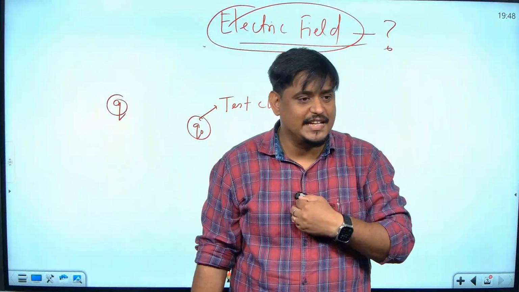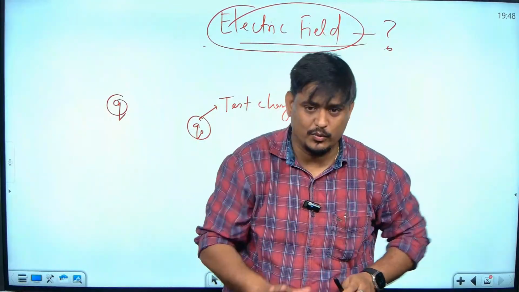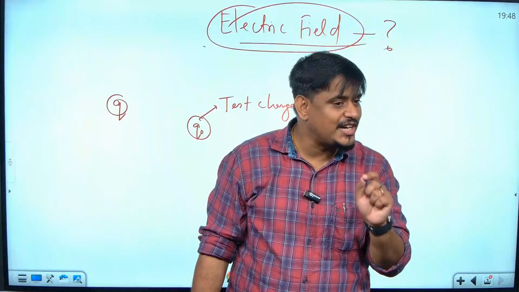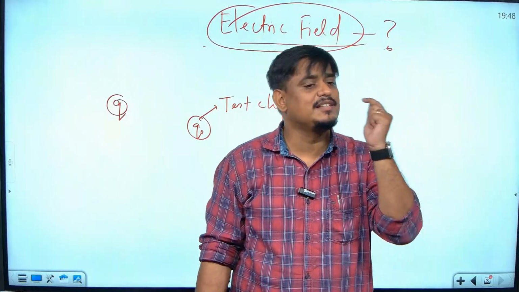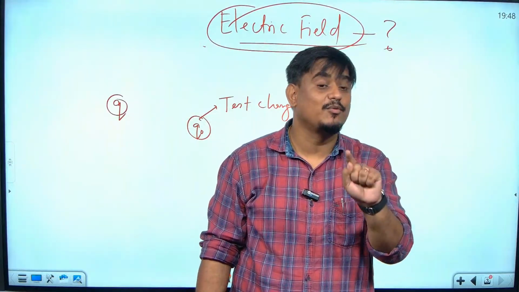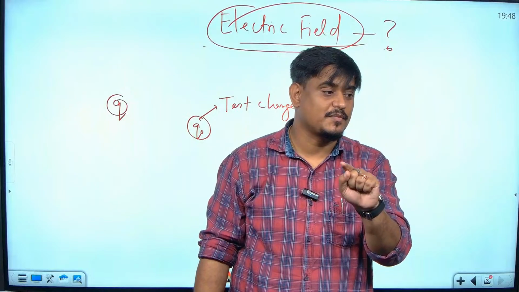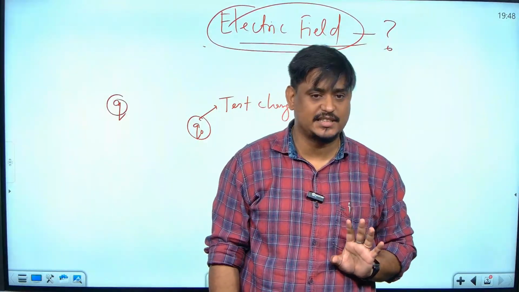It is not like for a particular charge, it has a given amount of electric field. No. A particular charge is not having any electric field. Electric field is there only for a fixed distance. Understanding my point?